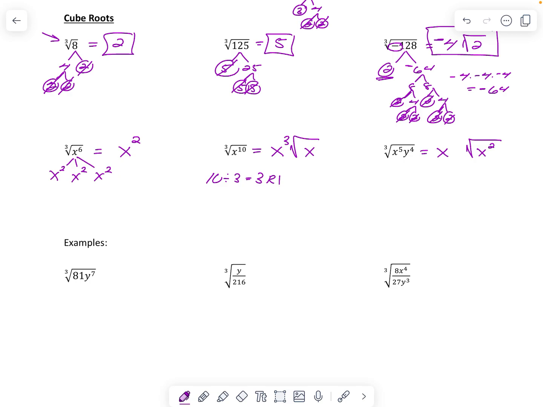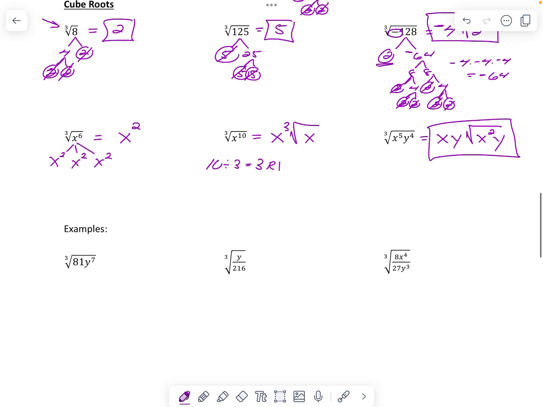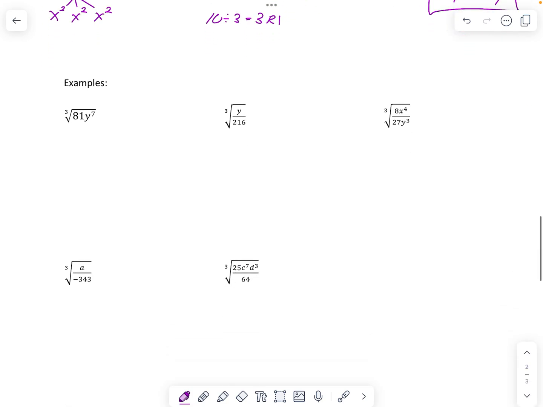How many times does 3 go into 4? Once, with 1 left over. That's what that would look like. So it's kind of like 5 divided by 3 is 1 with remainder of 2. That's what we see inside for the x squared. 4 divided by 3 is 1. The 1y comes out, 1y remaining.